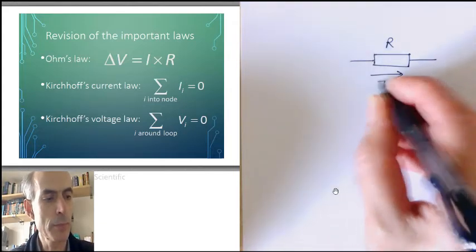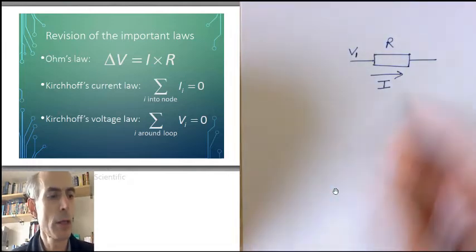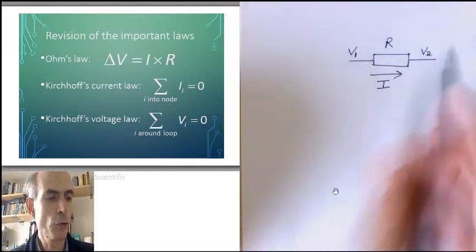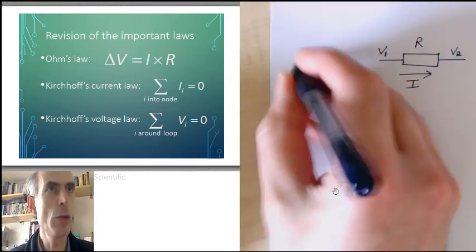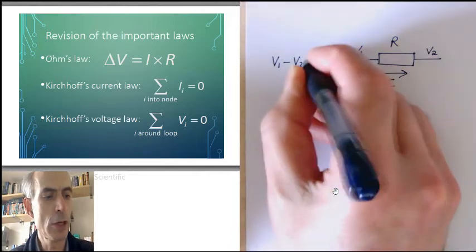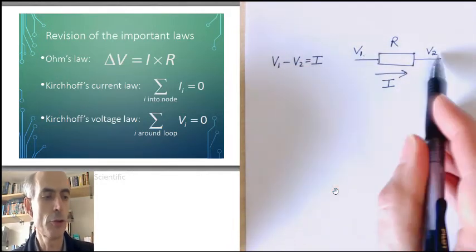I'll call that I. The voltage at this side could be V1. The voltage at this side could be V2. Ohm's law tells us that V1 minus V2 is equal to I, the current flowing from 1 to 2.